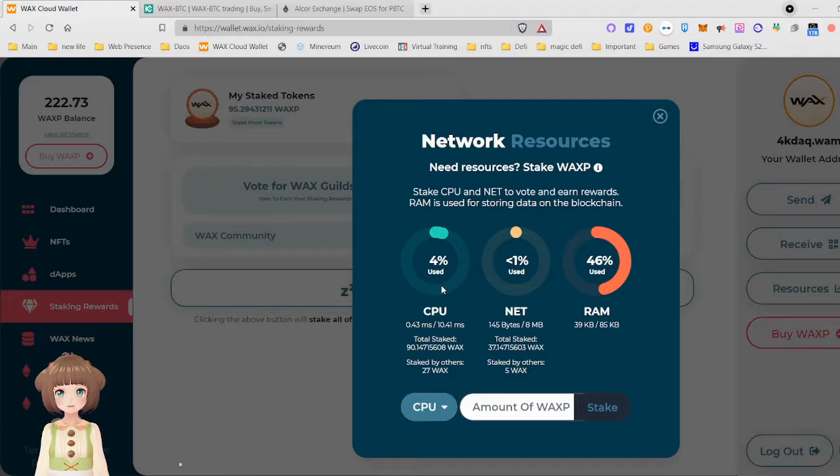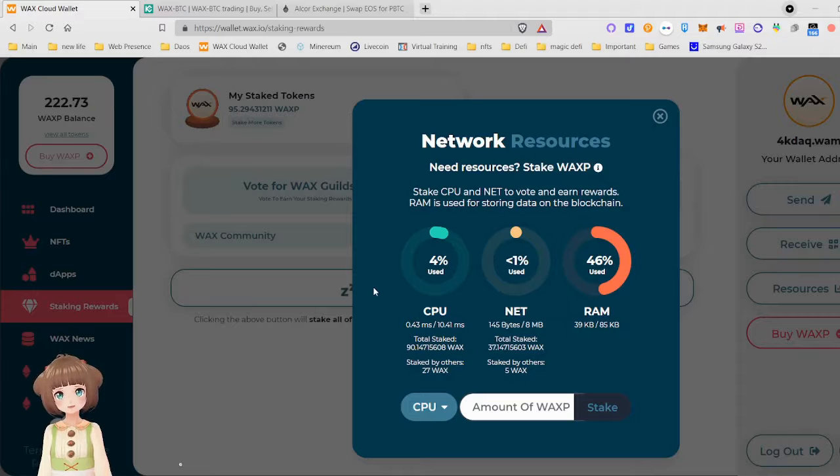And here we have, unlike staking in just like a Coinbase wallet where you earn a yield, here you stake and you do earn a yield, but you have to stake your tokens to CPU, net, and then you have to buy some RAM, which is very cheap and is essentially the amount of storage on the blockchain that you use, which is very small.